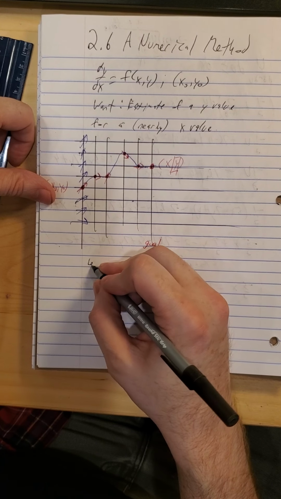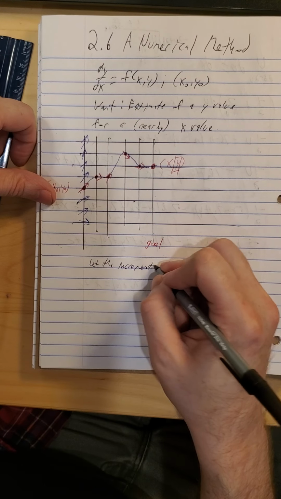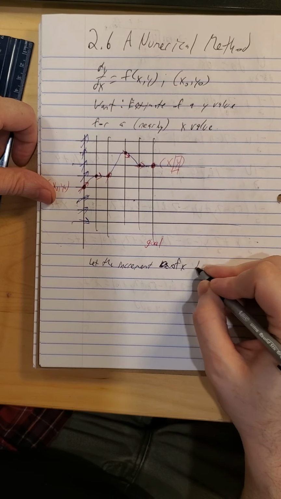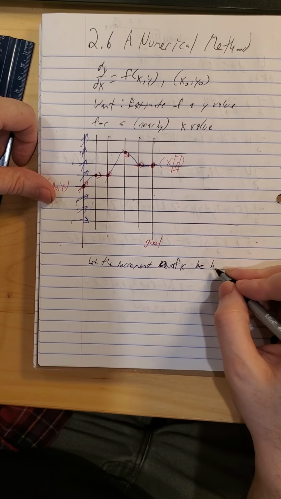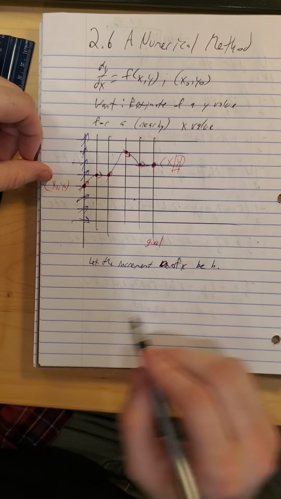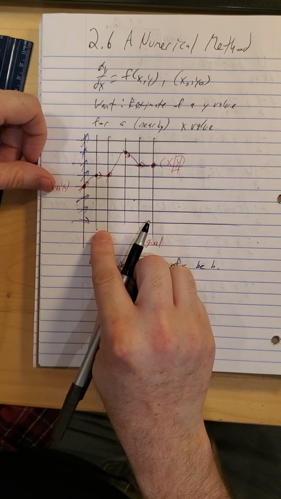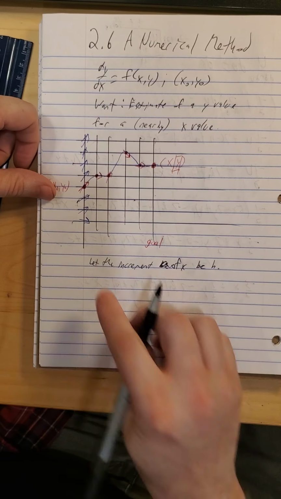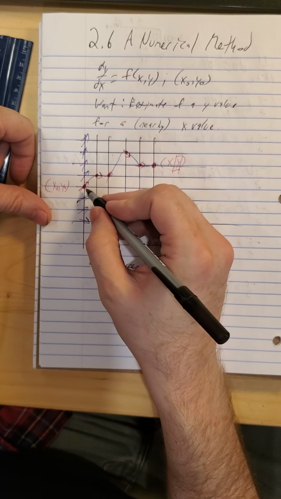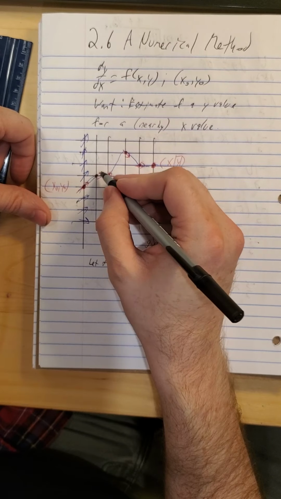Let the increment of x be h. So h is some arbitrary positive constant. This is how much we're changing by in the x-axis each time. With a little imagination, those are all spaced nice and evenly h units apart. So this point was x naught, y naught, and we followed its slope to get to x1, y1.